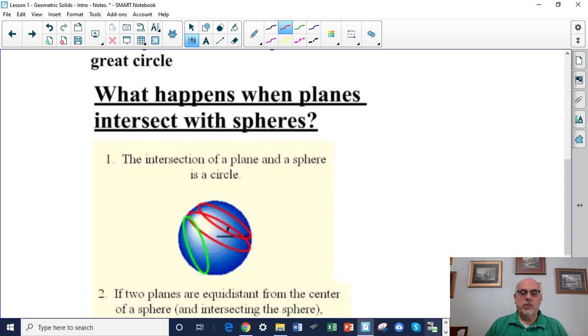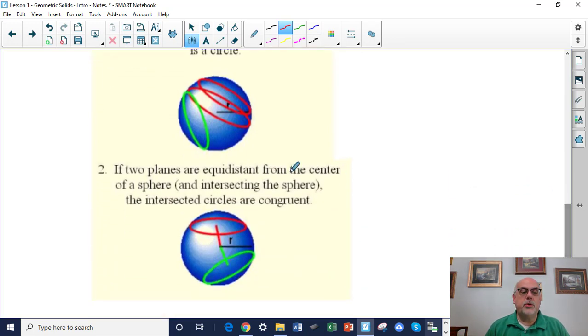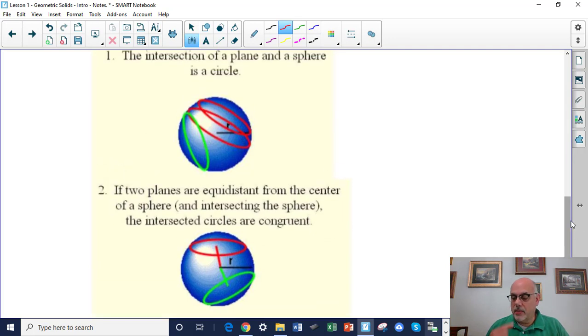So if you cut through this and you take off the piece you cut, you have a circle. One little tidbit: if 2 planes are equidistant from the center of the sphere, then the circles are congruent. Okay, one little tidbit of information there.